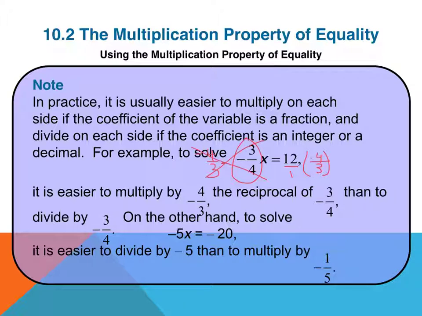However, if I had an integer or a decimal, like negative 5x equals negative 20, then I would divide by negative 5. Okay, so again, it works either way, but usually if there's a fraction, you'll multiply by the reciprocal. If there's an integer or a decimal, then you'll divide both sides.